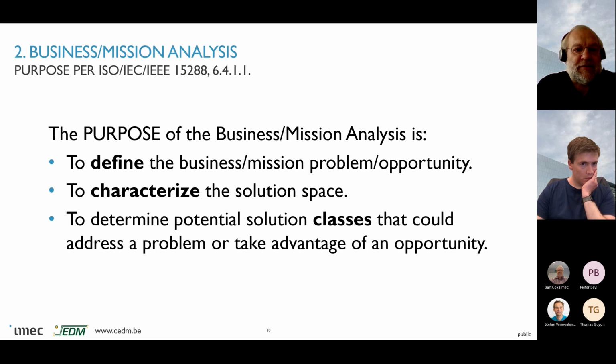Definition is not the same as identification. For example, characterizing a solution space is not the same as defining a solution. It is identifying the characteristics of the solution space. This will become clear in the next slide. Also, a solution class is a class of solution, not the solution itself. But it becomes more clear what the difference is in this terminology.